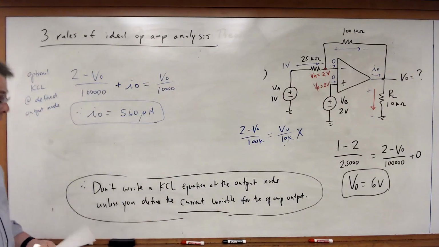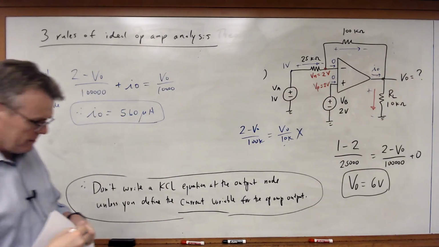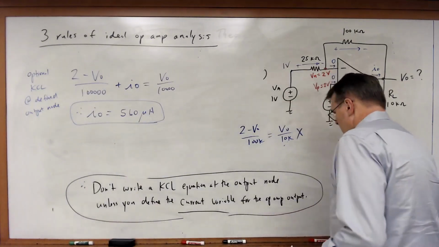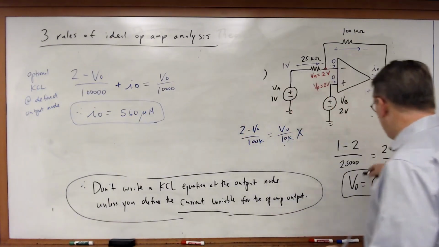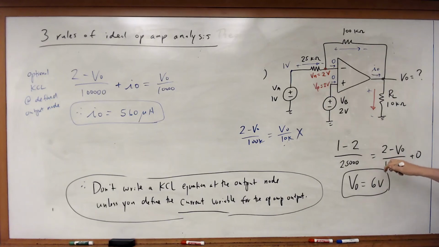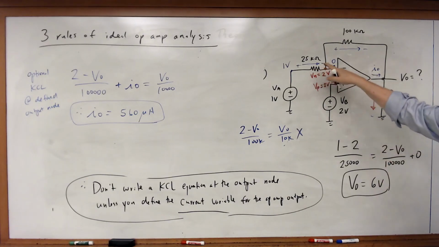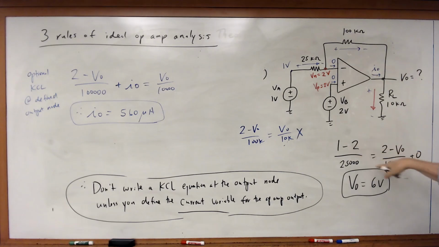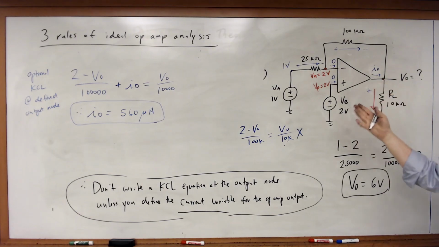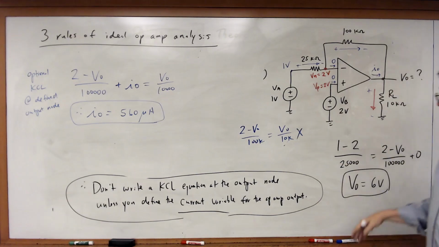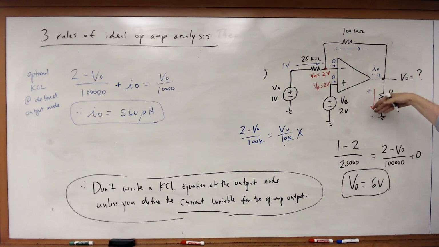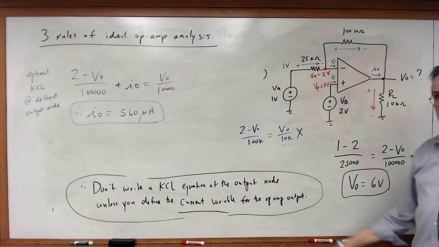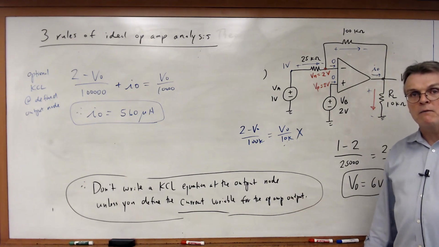Now something else I want to point out. When I calculated V sub O, you notice the 25,000 ohm resistance and the 100,000 ohm resistance were in this equation, but not the 10K. Which when you think about it is not surprising, because we're treating the output of the op amp as if it were a dependent voltage source. Adding a resistance to ground across a voltage source isn't going to change the value of that voltage.